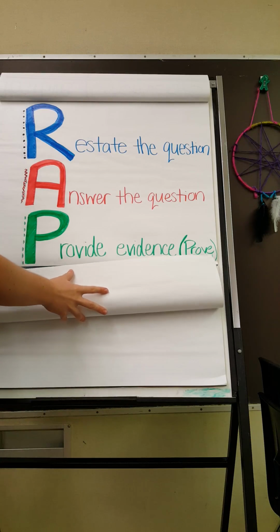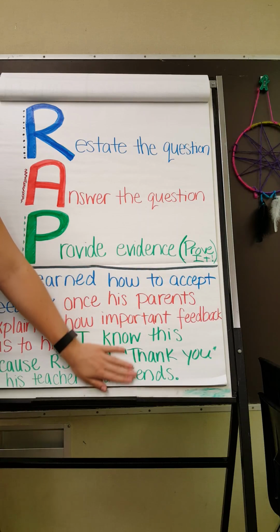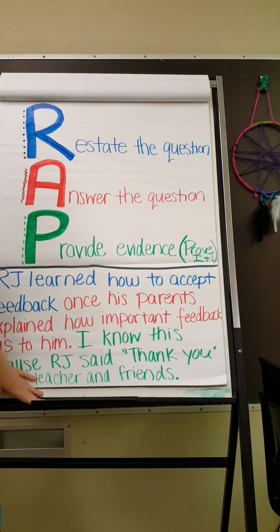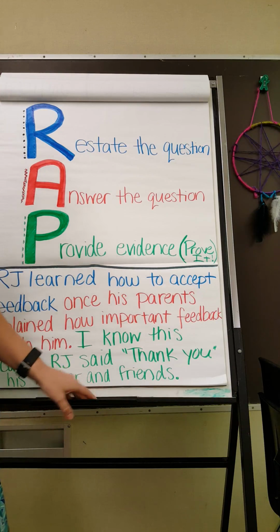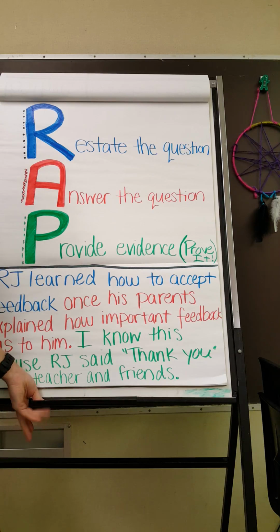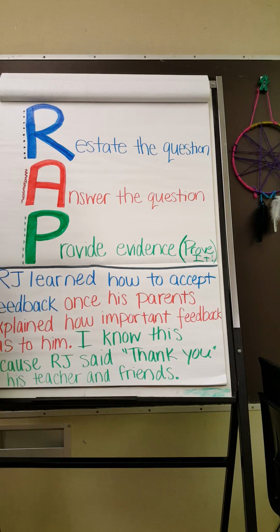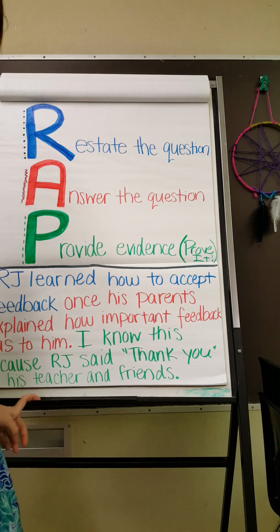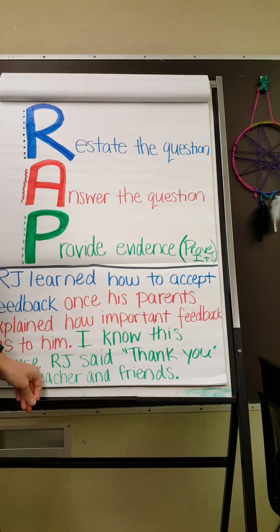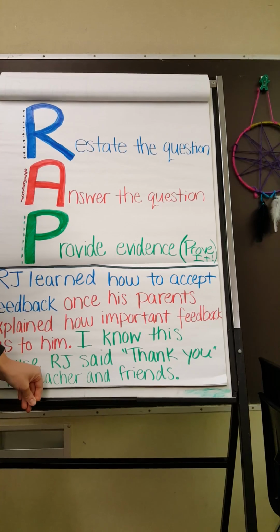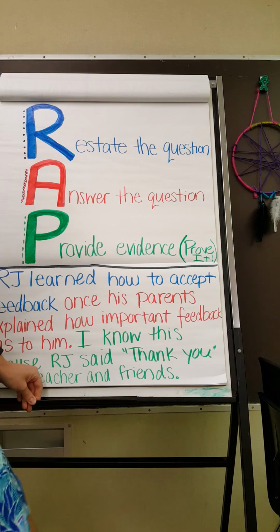So I'm going to go ahead and show you the example that I wrote out for the book that we read yesterday in class, Thanks for the Feedback by Julia Cook. So my question was, did RJ learn how to accept feedback? Remember, RJ was the main character. Did he learn how to accept feedback?